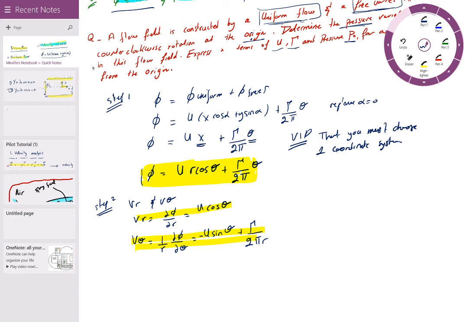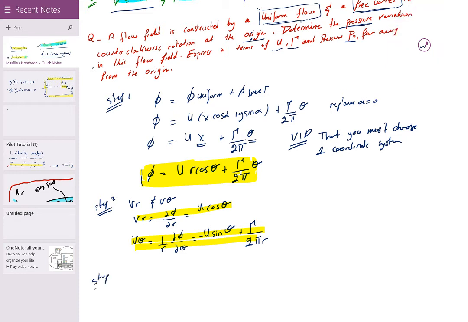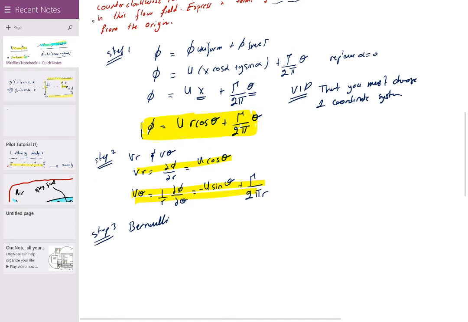Next, the question is asking me to find the pressure. When I say pressure or velocity, I'm going to think Bernoulli. So Bernoulli between 2 points: one at the origin and the next point far away. Bernoulli's equation has P1 over gamma plus V squared over 2g equals P naught over gamma far away plus V squared over 2g.